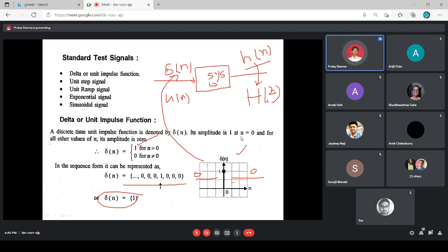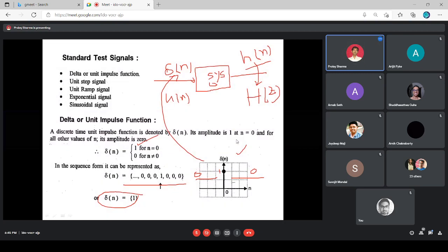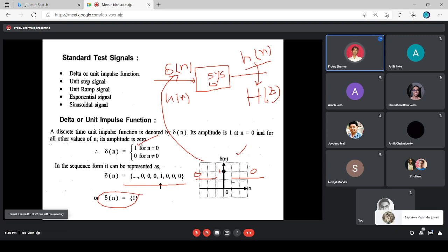The amplitude is 1 and it is defined only at n equal to 0. For other values of n, there is no value of the signal.